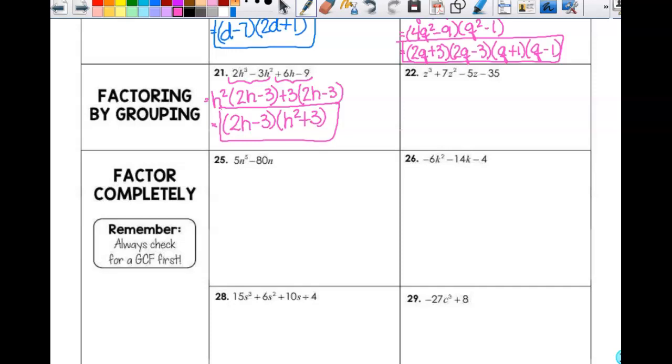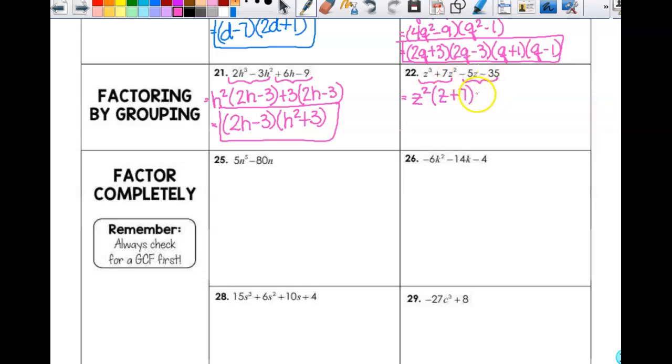Okay. What questions do you have? All right. We're going to do 22 together as well, just because I want to make sure I can get through all of what I want to. So I'm going to group these and group these. This gives me z squared times z plus 7.